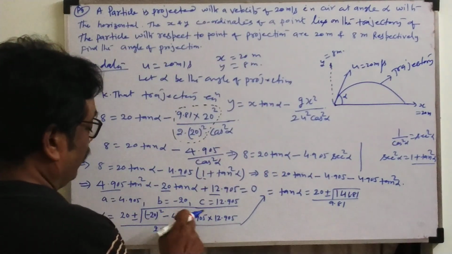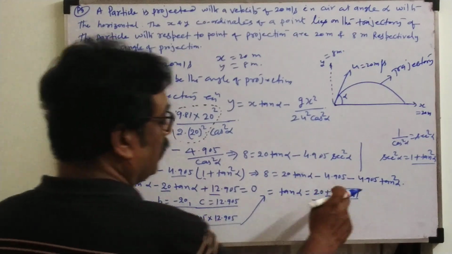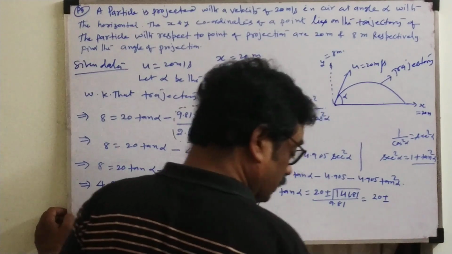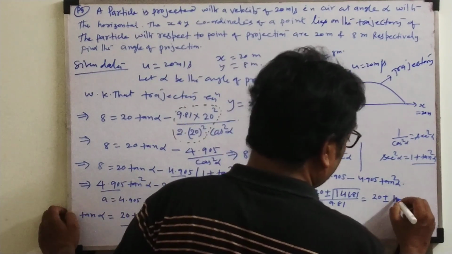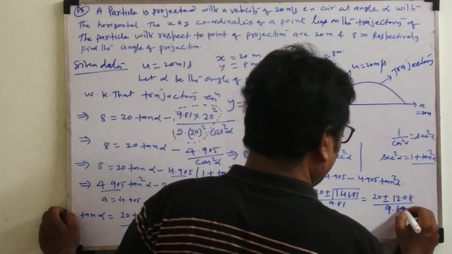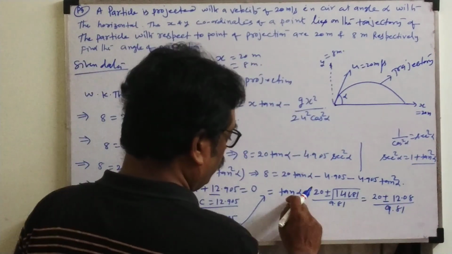This 400 minus this value, if we subtract, we get this. So finally 20 plus or minus, if you take the square root, it is coming 12.08, divided by 9.81. So now we got tanα.